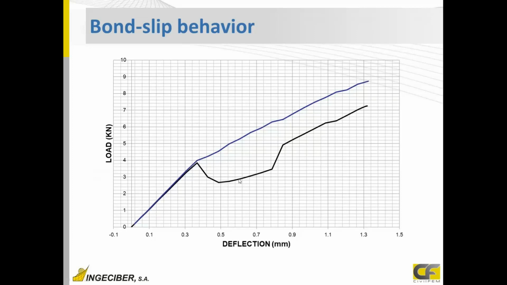And once slippage happens, with higher deflections, we keep having some stiffness that is increased, even if we don't have a completely bound behavior between reinforcement. You can increase loads, but you can see there's a high difference between good anchor distances for the overlapping distances between reinforcement, where you can keep this linear behavior, and the others where you have this loss of stiffness due to the unbonded slippage in concrete.